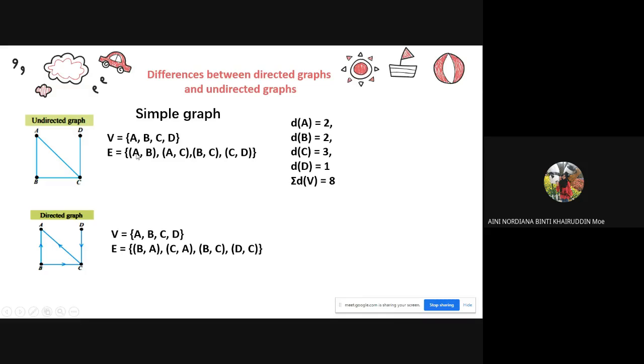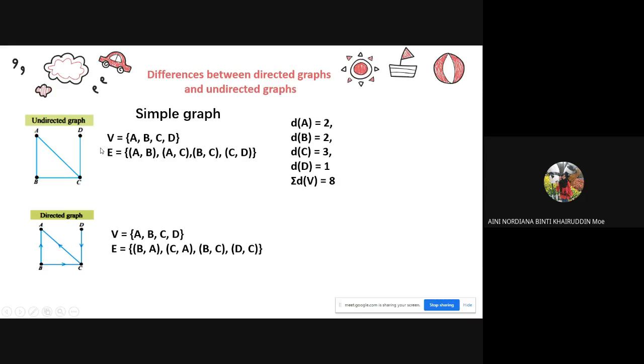For directed graph, we have to follow the arrow. So BA. Next, CA, C to A. BC, B to C. This is the difference between undirected graph and directed graph.